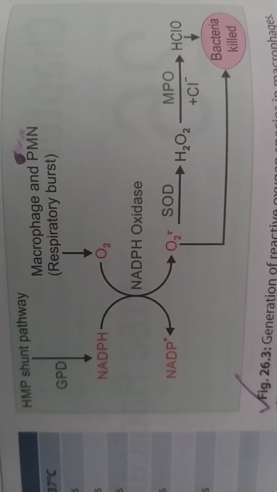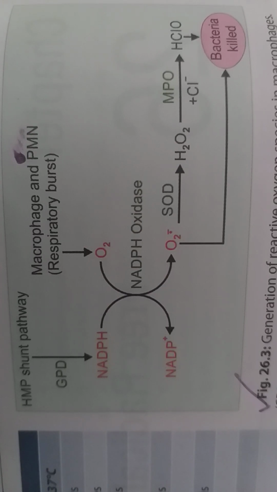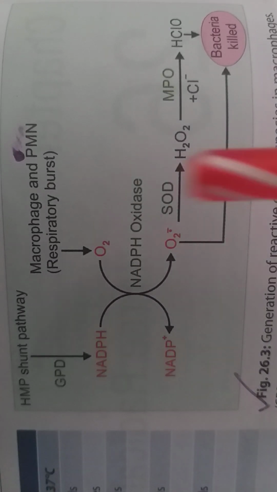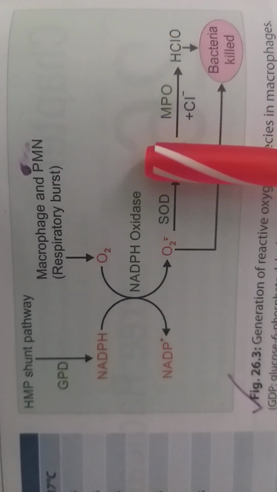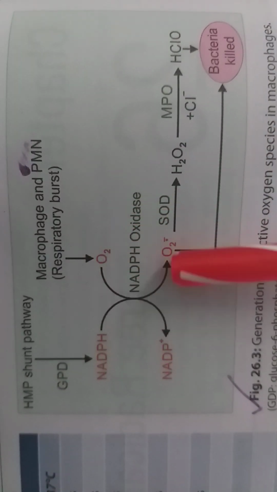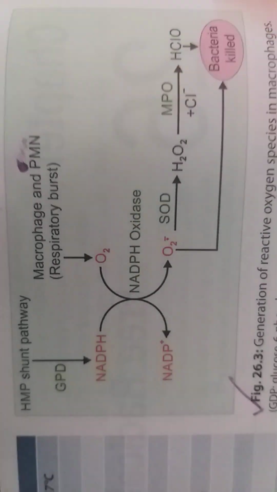Now let's discuss one associated disorder, chronic granulomatous disease, or CGD. Here, the NADPH oxidase is absent, so there is no conversion of oxygen to oxygen free radical.